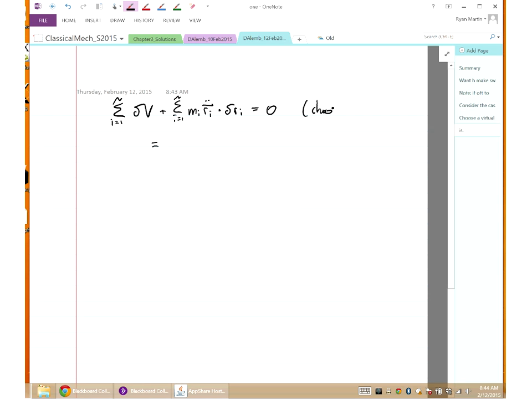Right? So now we choose delta r equals dr. So the first sum is going to be the sum from i equals 1 to n of the dV's plus the sum from i equals 1 to n of mi ri vector double dot dotted with dri vector.